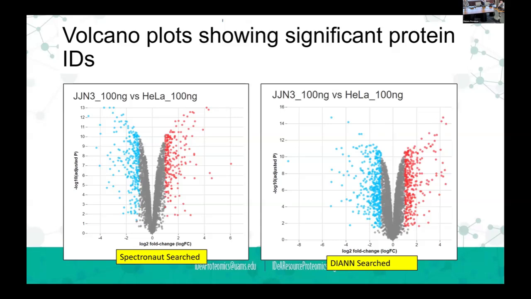The DIA-NN searched data is over there on the right, and the Spectronaut searched is over there on the left. I tried to keep the settings as similar as I could. I did use the directDIA searching for Spectronaut.